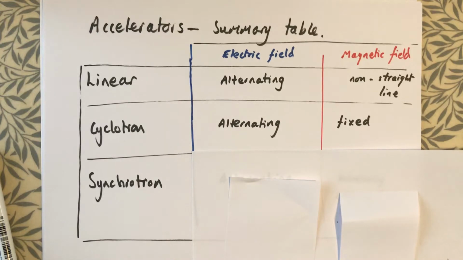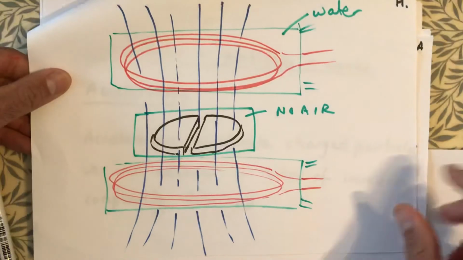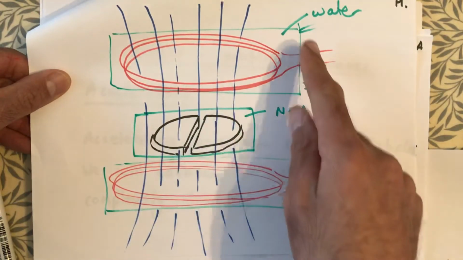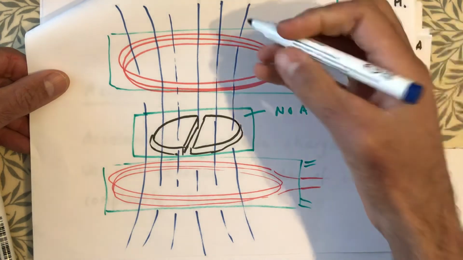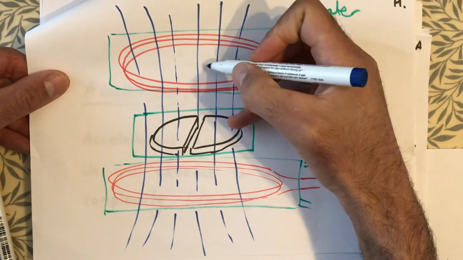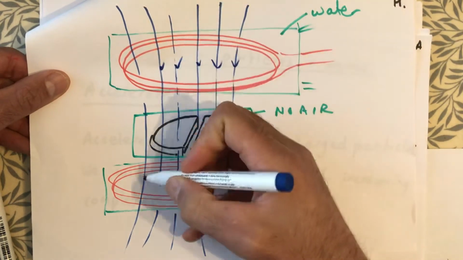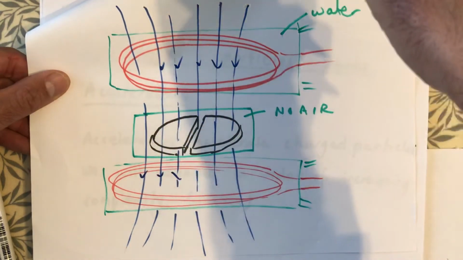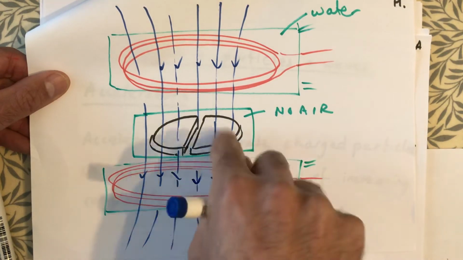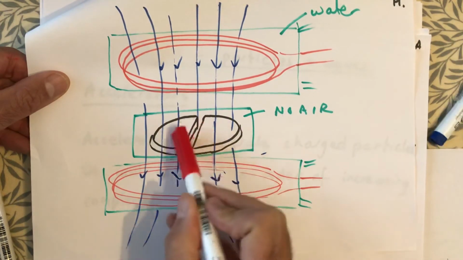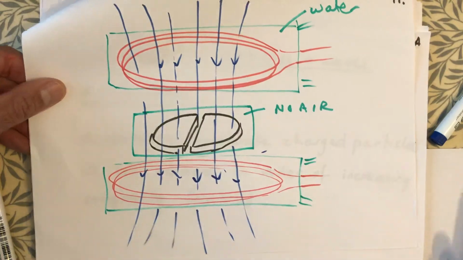I think at the end of the cyclotron, when I tried to put the whole thing in context, I said your cyclotron's going to be between two massive coils, and the coils are going to be in water baths essentially, because you needed enormous magnetic fields. And these are my magnetic field lines, if you remember. So in a cyclotron, the magnetic field is fixed, running down through the apparatus while your proton's doing its spiral path in there.